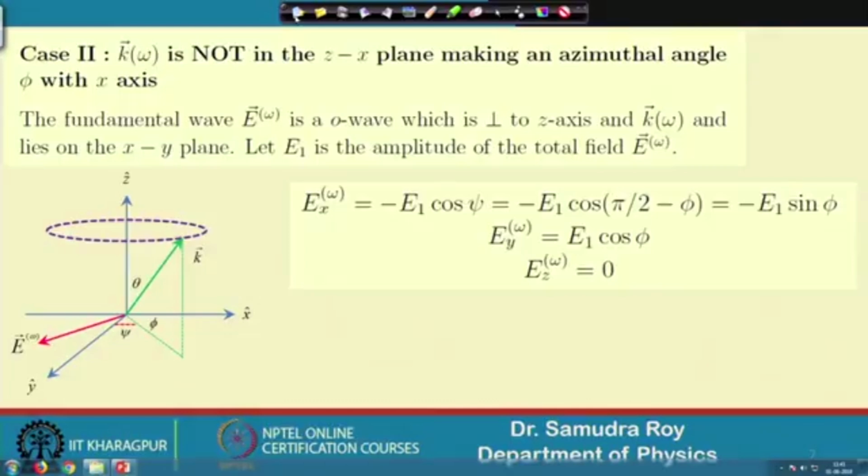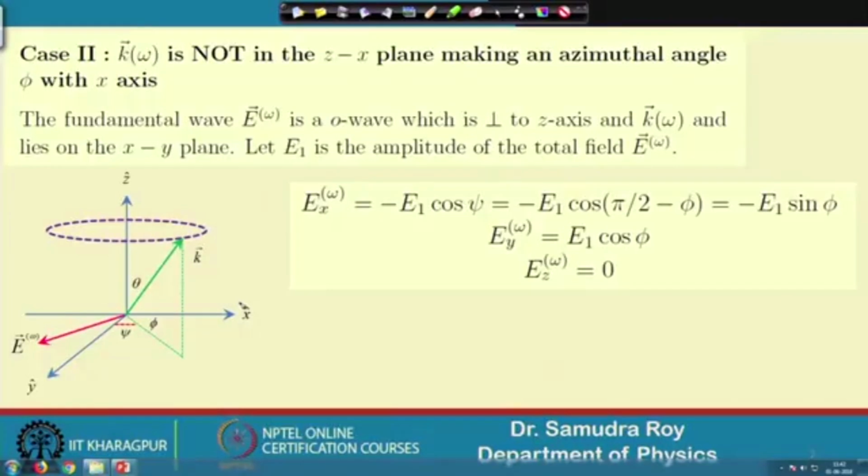So, these three components, if I am able to evaluate them, then the next step is to find the total matrix form. Now I am launching the electric field in the direction of k, which is making an angle phi with the x axis, the azimuthal angle. In the previous case phi was 0, but here we have some amount of phi value.